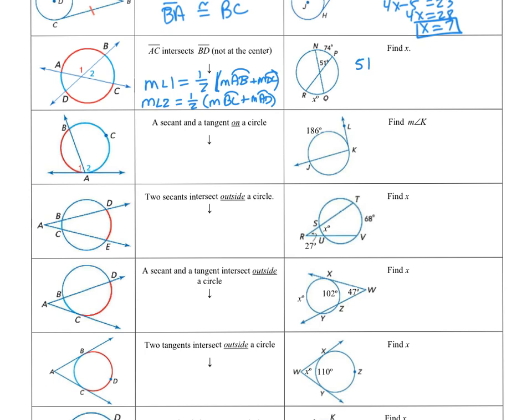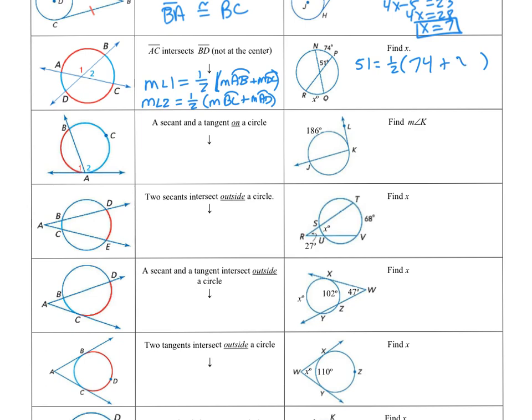So that 51-degree angle is equal to 1/2 the sum of two intercepted arcs. Well, those two intercepted arcs would be the 74-degree arc that the 51-degree angle intercepts, and then we add that to the arc that its vertical angle intercepts, so that's going to be x.